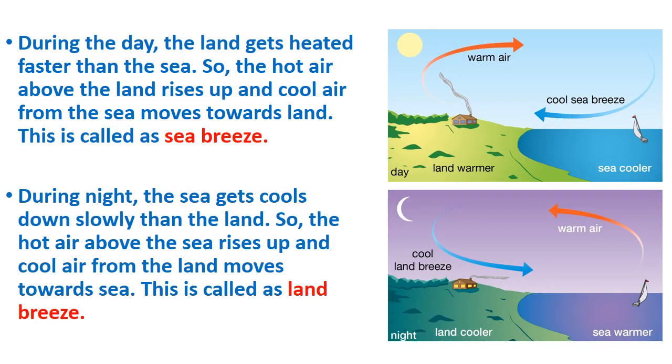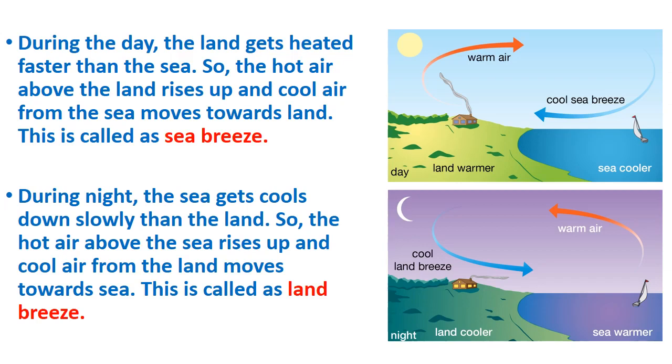Now, what is sea breeze and land breeze? What happens during the day, the land gets heated faster than the sea. Okay, so the hot air which is present above the land will rise up, and cool air from the sea will move towards the land. So this is called sea breeze.